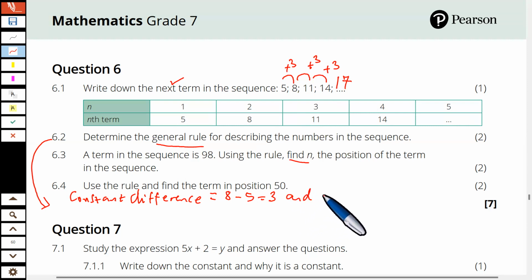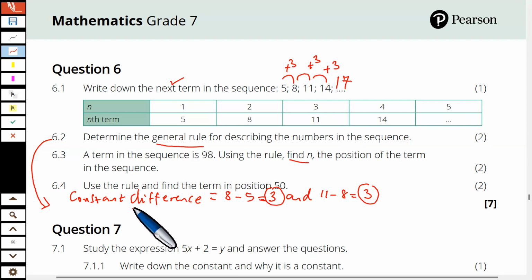But not only that, you need to do it at least twice or more. So you have 11 minus 8, and still you're getting the constant difference 3. Getting 3 here, and getting 3 there, so getting 3 all the way.